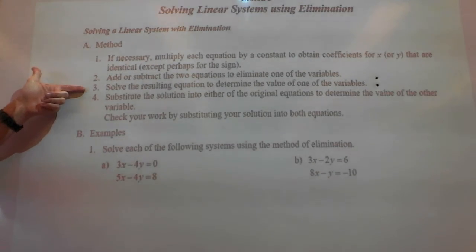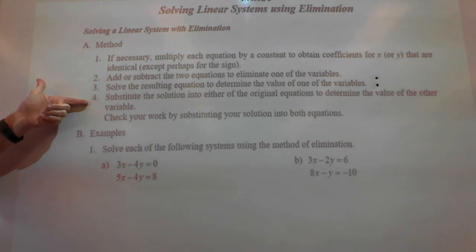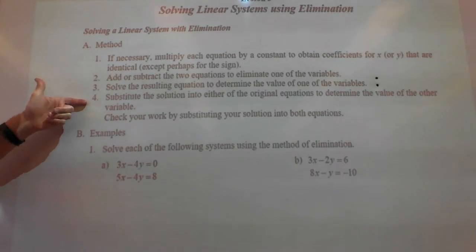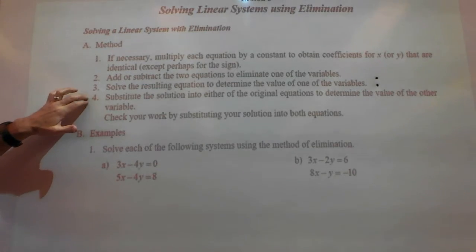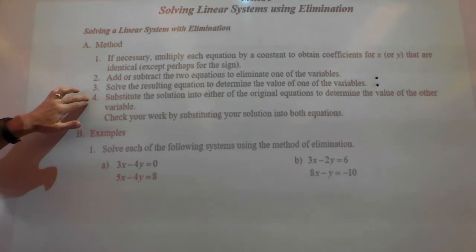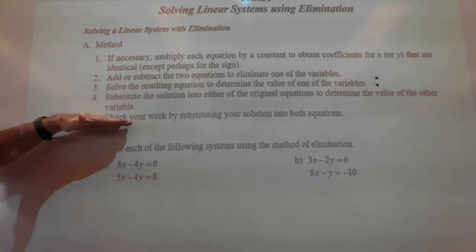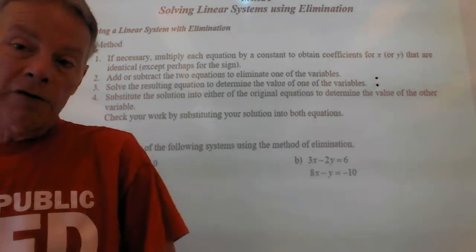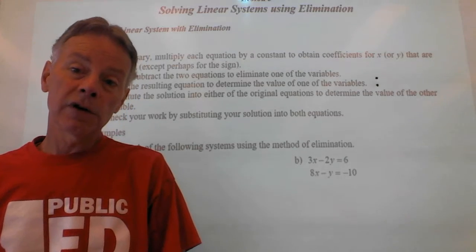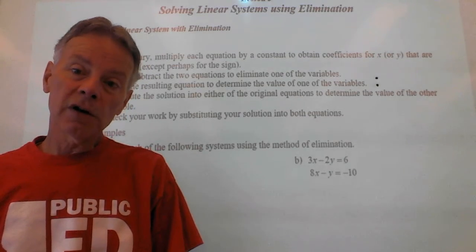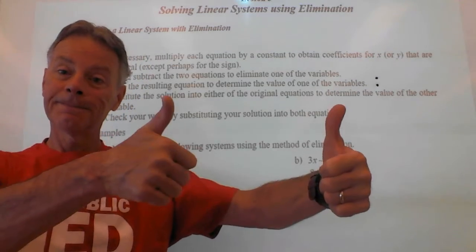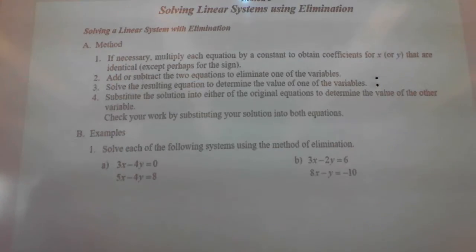Solve to determine the value. Step 4, substitute that solution into either of the original equations, so this is just like substitution, to determine the value of the other variable, and as always, you can check or verify your solution. If it works in both original equations, good deal, you got the right answer.